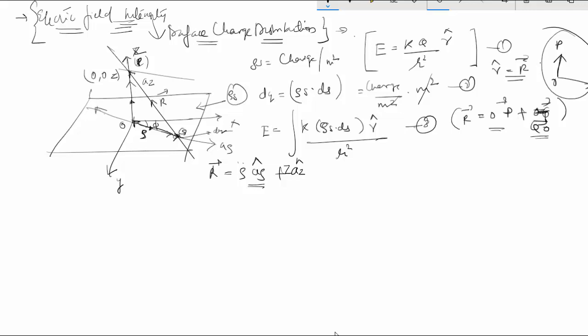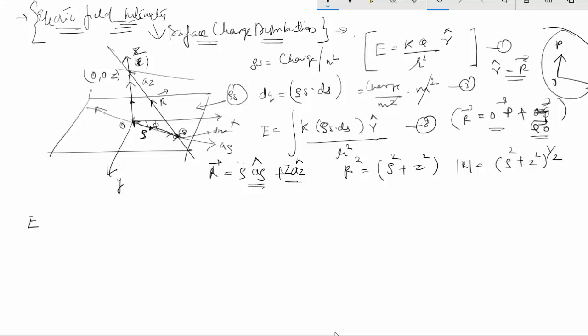If I'm simply considering this point as z, my r square is equal to rho square plus z square, and the magnitude of r is equal to rho square plus z square raised to 1 by 2, that is the square root.